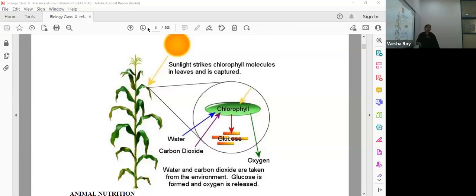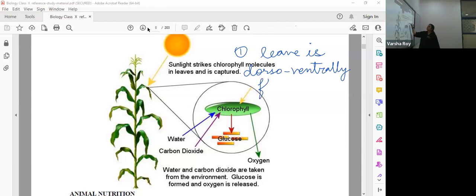How is the leaf adapted? First of all, we see here that the leaf is, first point, लिखो, dorso-ventrally flattened body. It's a flattened surface. बिल्कुल flat surface है leaf blade का.